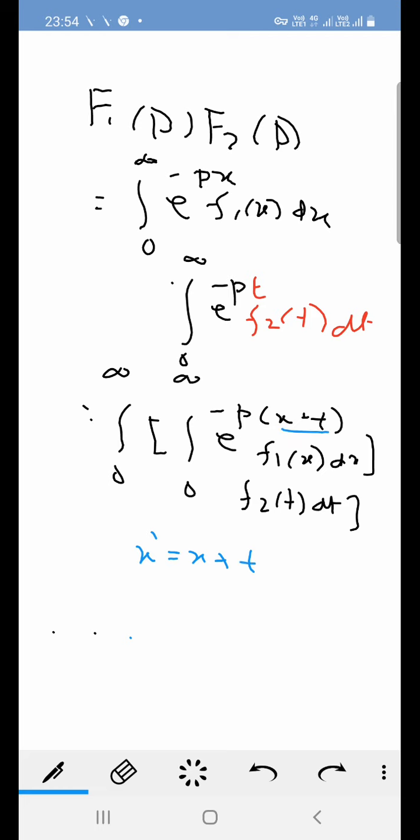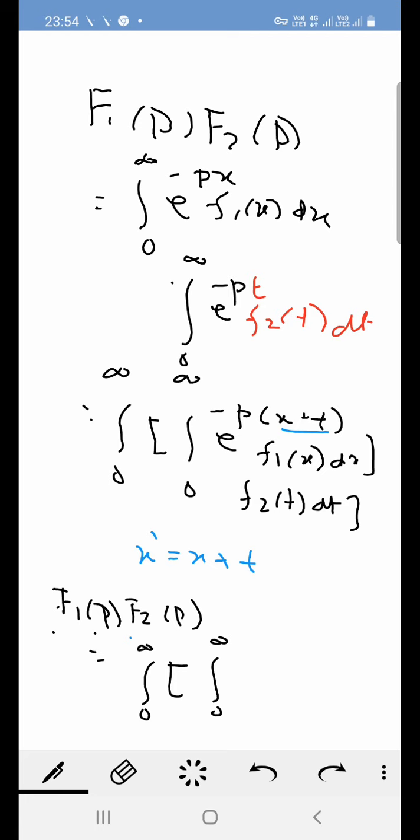So the expression now changes: F1p into F2p is equal to the double integral from 0 to infinity of e to the power minus p x dash, since we're using this, into f1.